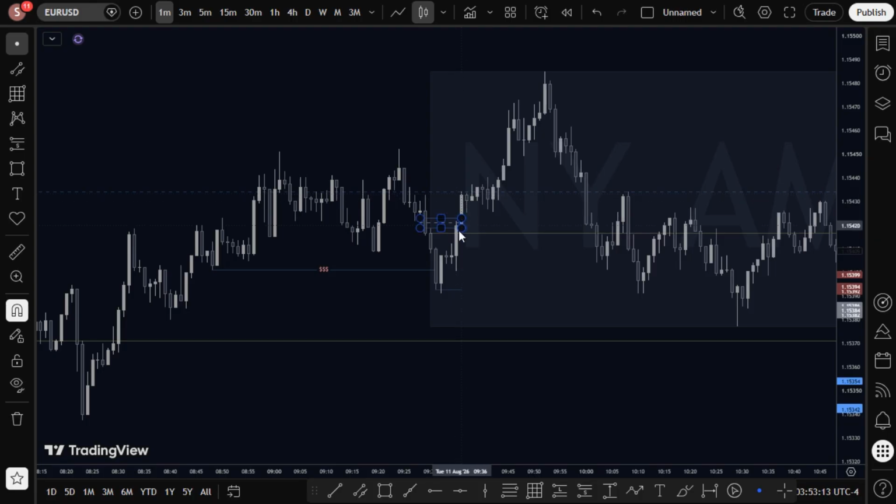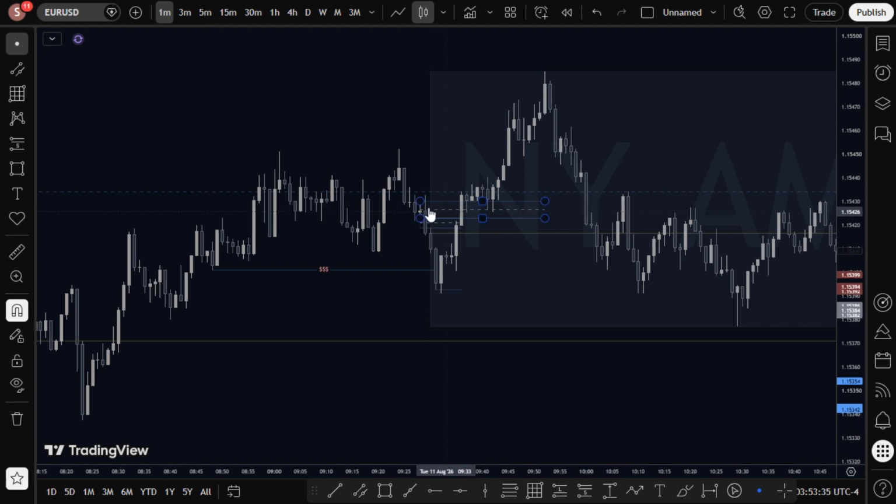Remember that when price closed above it, there was a breaker. So we have about 4 conditions: condition number one, condition number two a swing formation, condition number three a breaker, and condition number four a fair value gap.